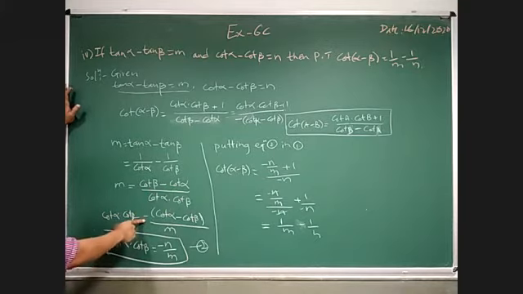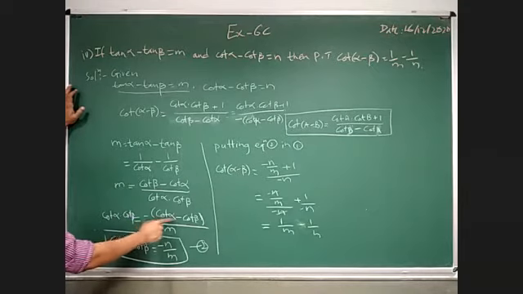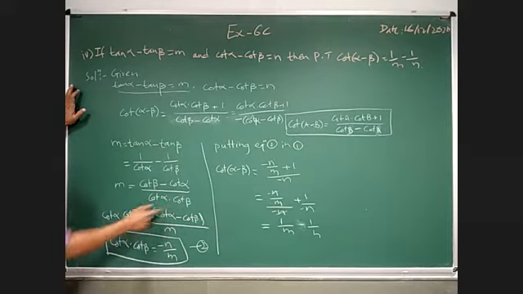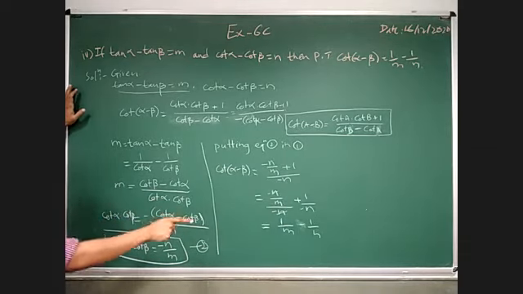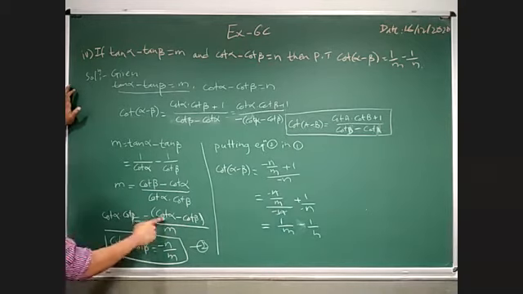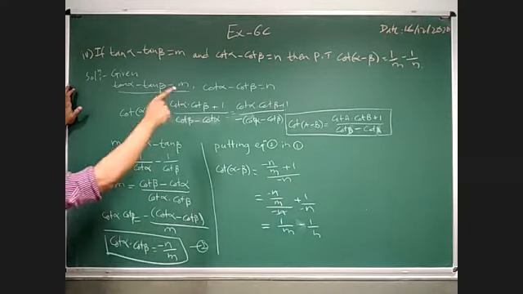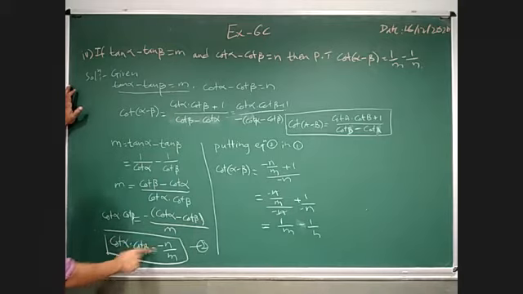And here I took minus common, so it will be cot alpha minus cot beta. Cot alpha into cot beta came here, and m went over there. So cot alpha minus cot beta is equal to n, so here I have cot alpha into cot beta is equal to minus n by m.